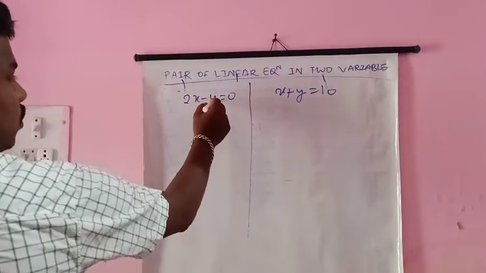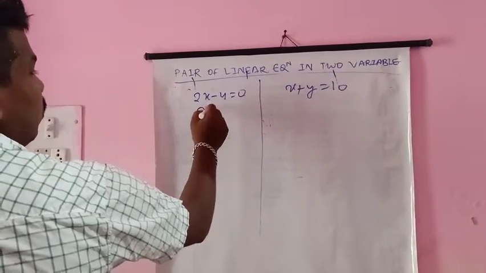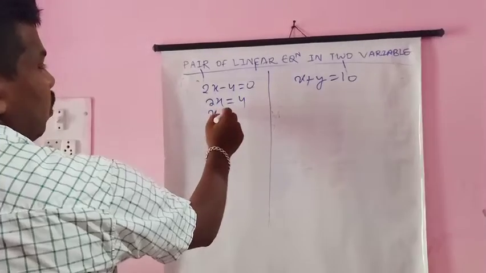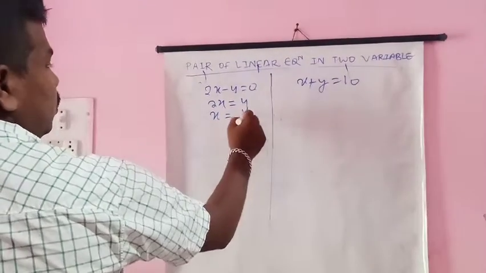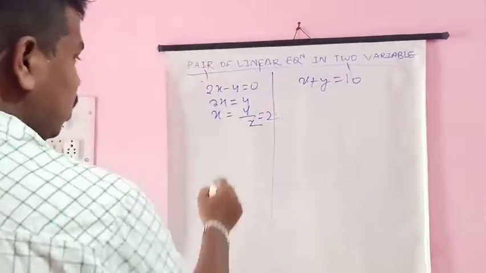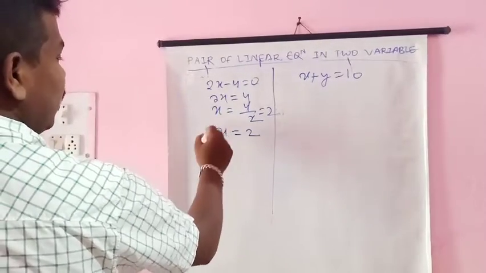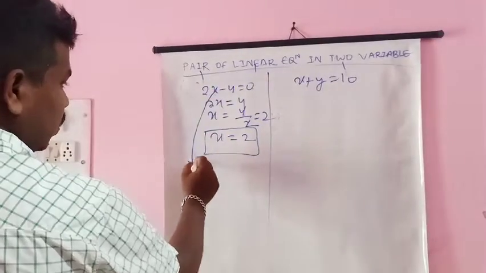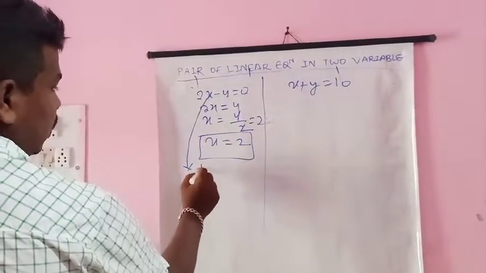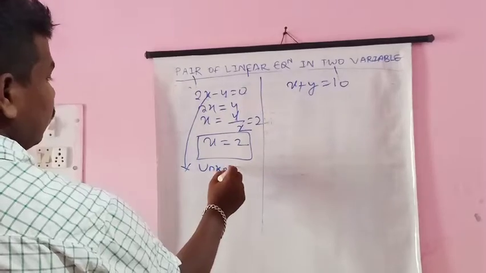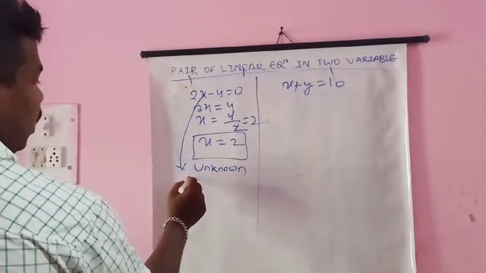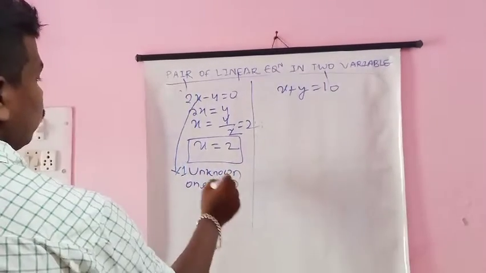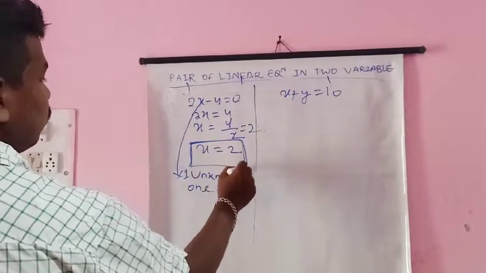In 2x minus 4 equal to 0, if we solve, 2x equal to 4 and x equal to 4 by 2, that is 2. So x equal to 2. We get one solution, with one unknown and one equation, so one particular solution.